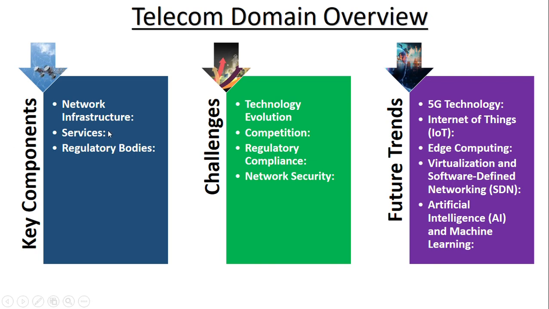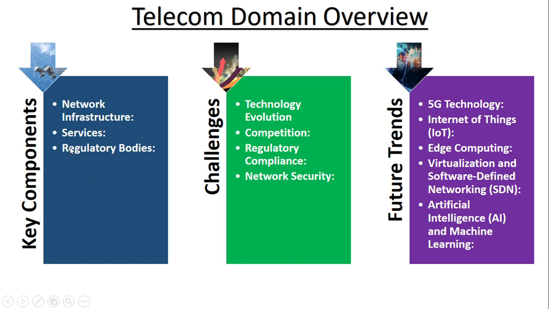Then the data transmission service, which includes the transfer of digital data including files, emails and cloud services. So voice call, messaging, internet access, television and data transmission come under the services.